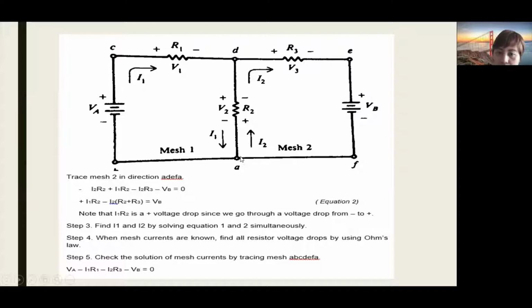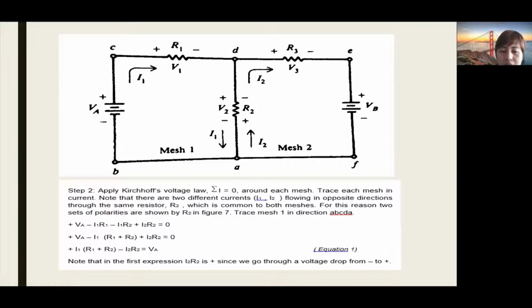Because the direction is going from A, D, E, F. So opposite from mesh 1, because there the direction is A, B, C, D. So do not be confused.